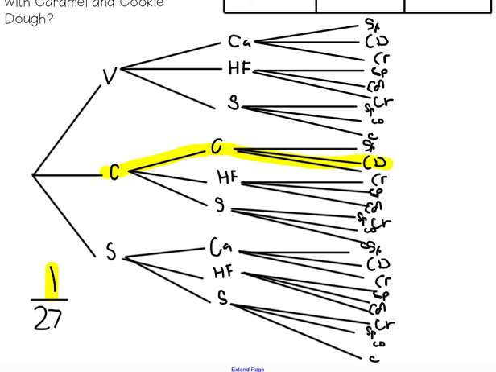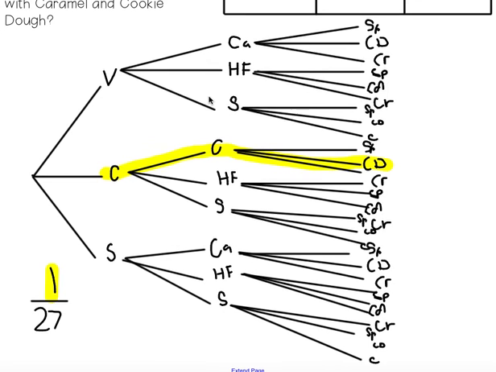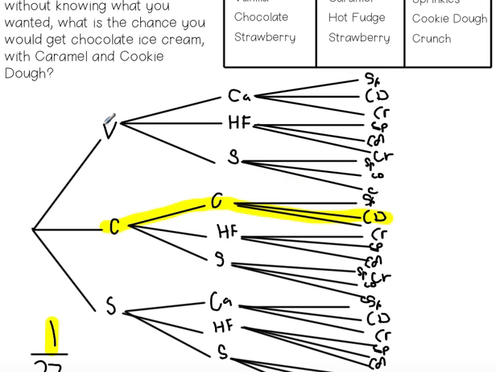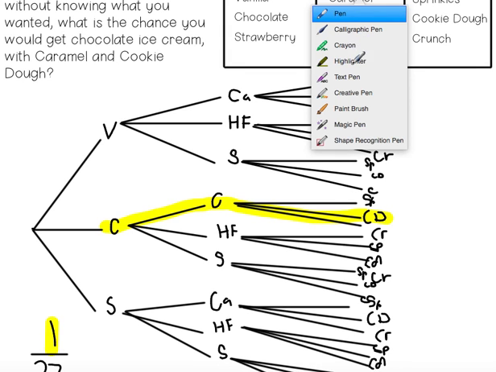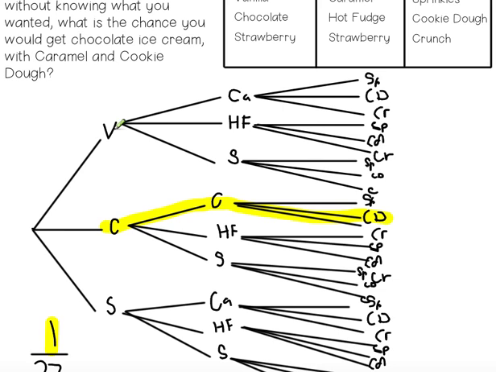They might also ask you something like, what's the probability that you would get an option with vanilla? And so you would want to look and see how many options have the vanilla. I'll use a different color highlighter so you can see this one differently. So it'd be, you go to vanilla first.